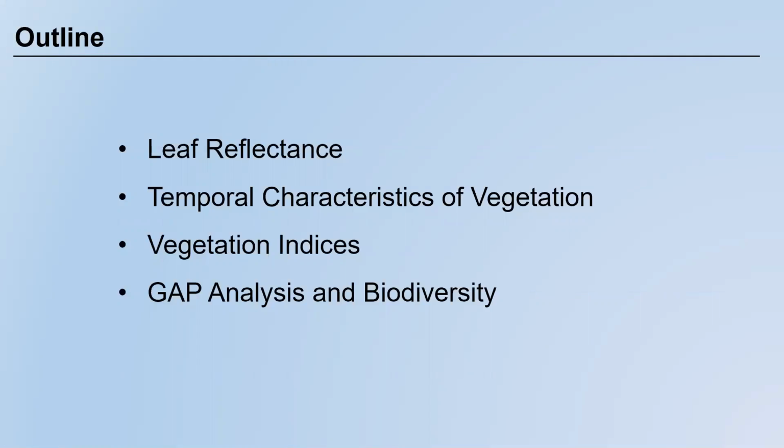So when we're talking about vegetation remote sensing, time is always important, or more specifically, the seasonal effect is very important. When you're looking at the same vegetation within different seasons of a year, you will most likely get different conclusions and results.